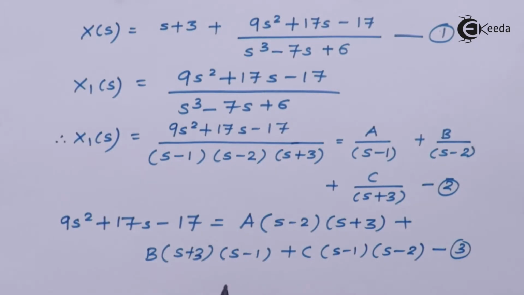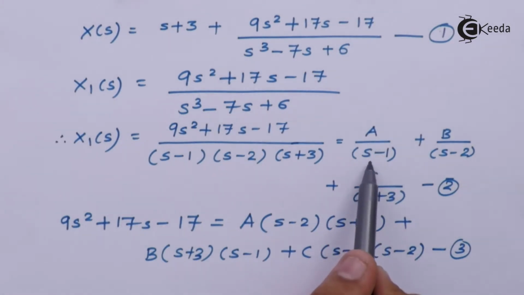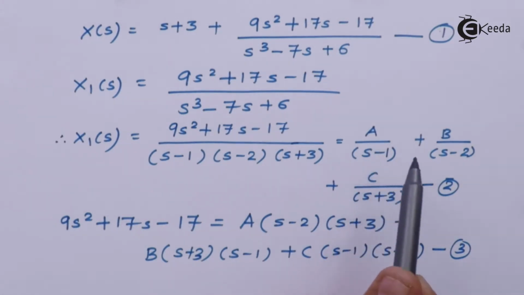Now I am going to place the values of s, so that you will get the values of a, b and c. So first of all, which value are you going to substitute for s to get the value of a? As I told you, just look at the denominator part. Here we have s minus 1, so equate this s minus 1 equal to 0. What you will get? s equals plus 1.